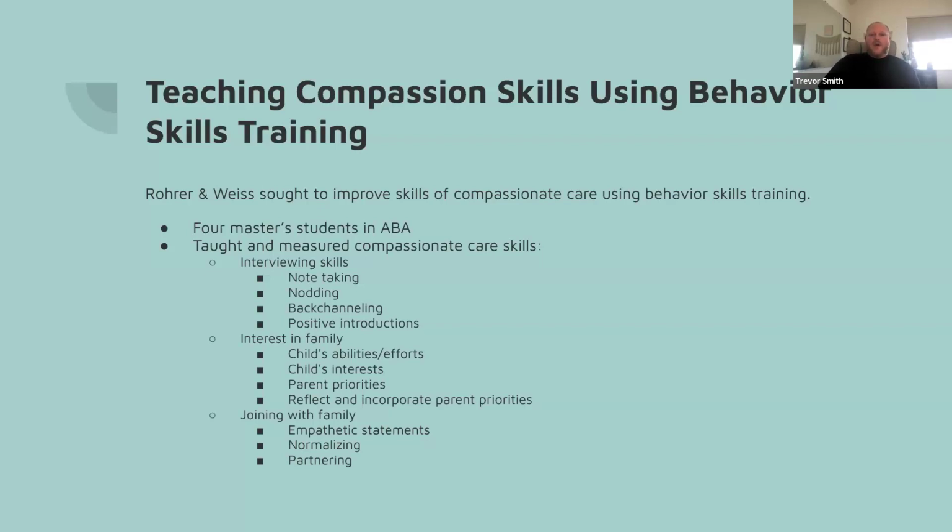And so they taught them, and they measured the compassionate care skills on 3 different categories. The 3 categories were interviewing skills, interest in family, and joining with family. And then they broke those down into some sub skills.